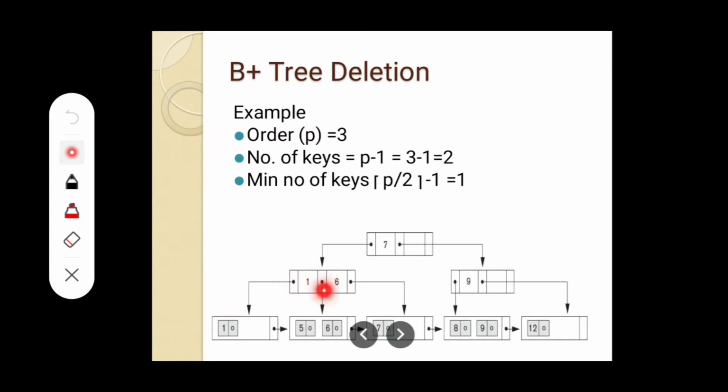Whatever values reside in this node must range between 2 and 6. Let us check if it is between 2 and 6. Yes, 5 and 6 are between 2 and 6. Whatever comes to the right child must be greater than 6. Yes, here also it is correct. On the left it is lesser than or equal to 9, on the right it is greater than 9.